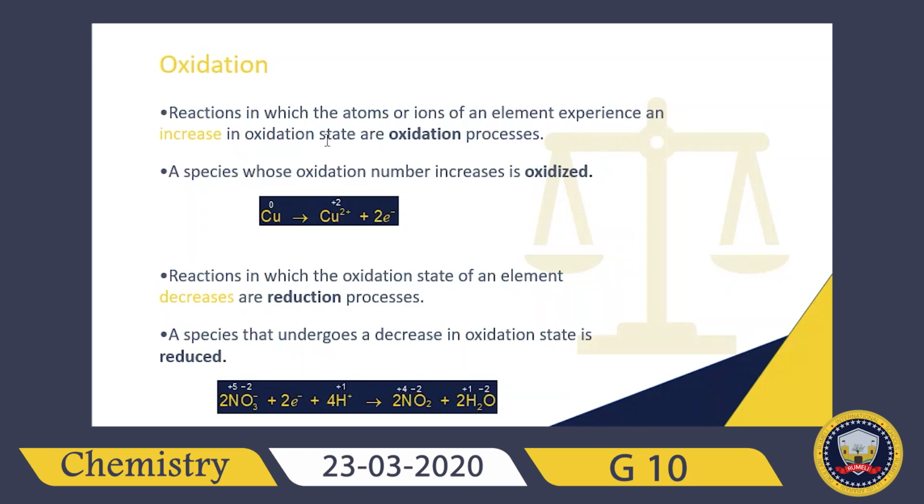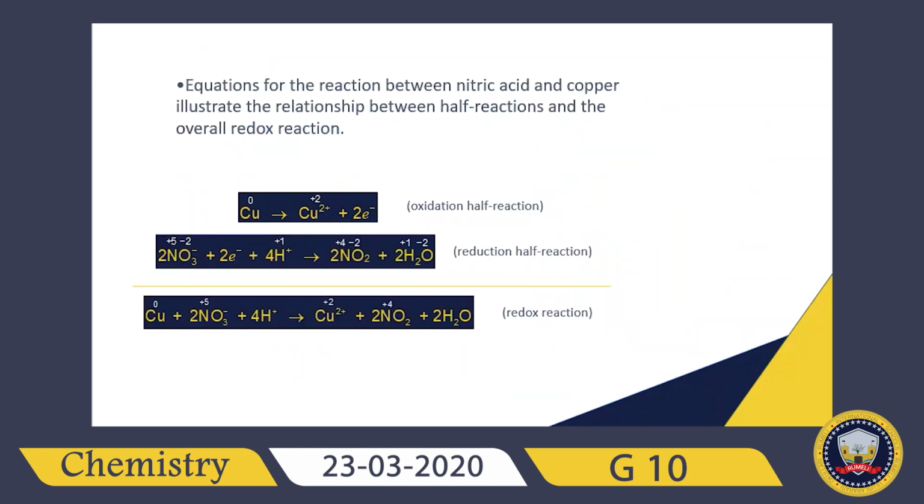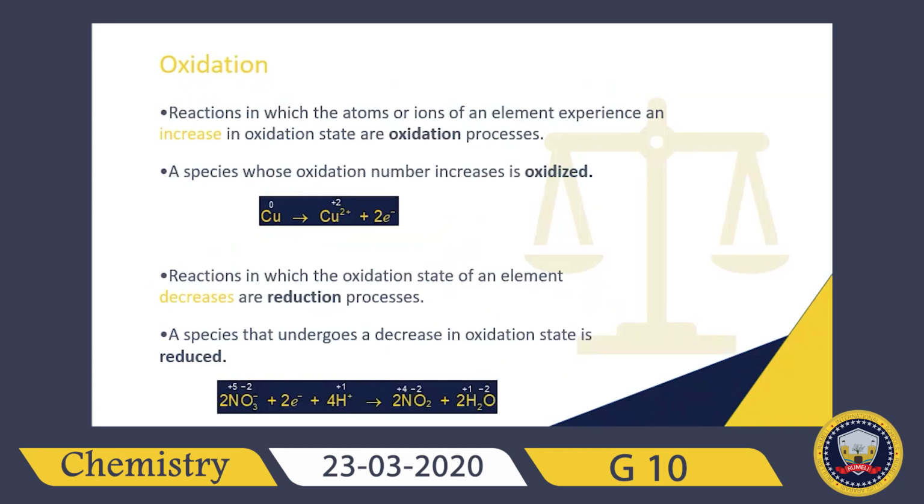So whenever there is increase in the oxidation number, then the process is considered to be oxidation process, while in reduction there will be a decrease in the oxidation number, and so whenever there is a decrease in the oxidation number of certain ion or atom for an element, then this reaction is considered to be a reduction reaction.